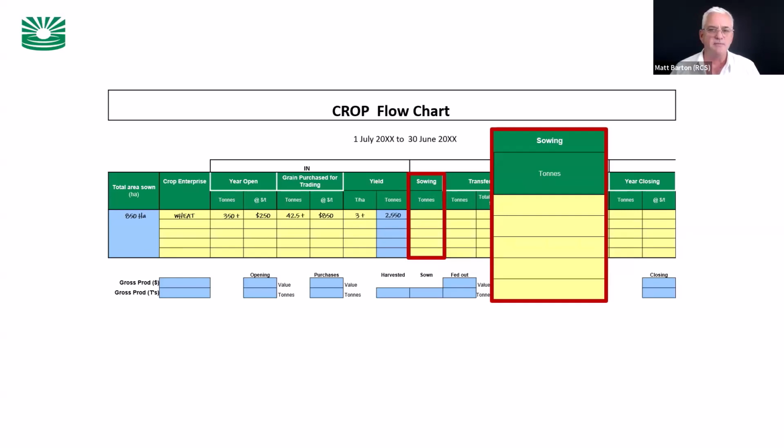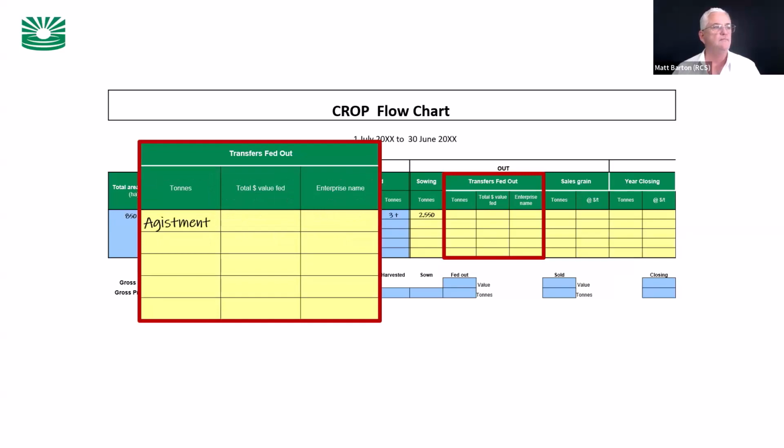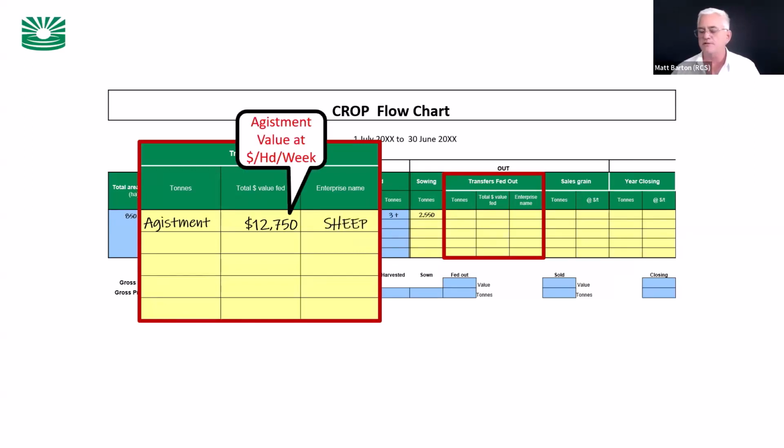Sowing, so you're always going to use a bit of sowing. In this case, we've used what we've purchased earlier. Then we have the transfers in and out. So transfers out, we've had agistment, and the value of the agistment of the animals there was 12,750, and that would have gone to the sheep enterprise.